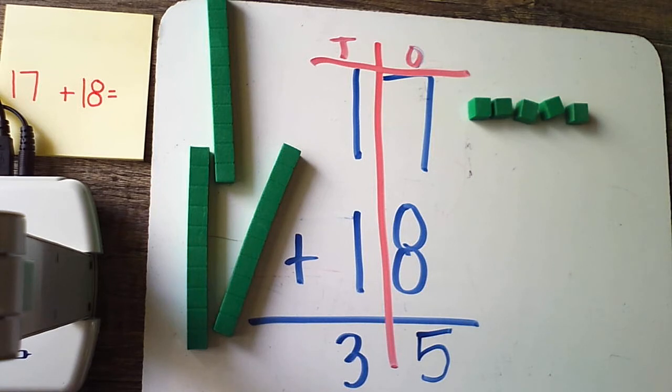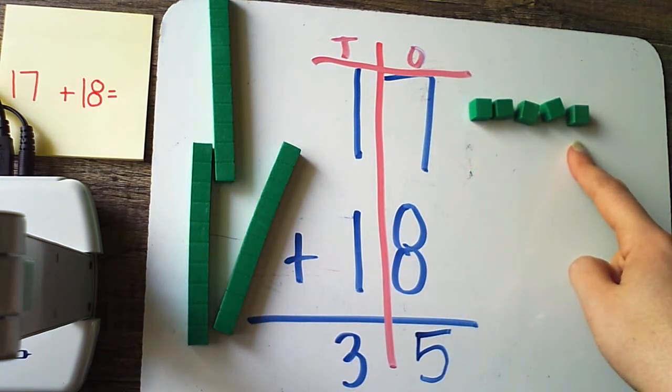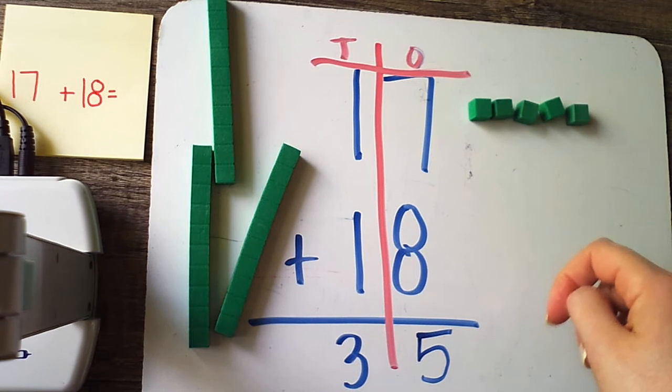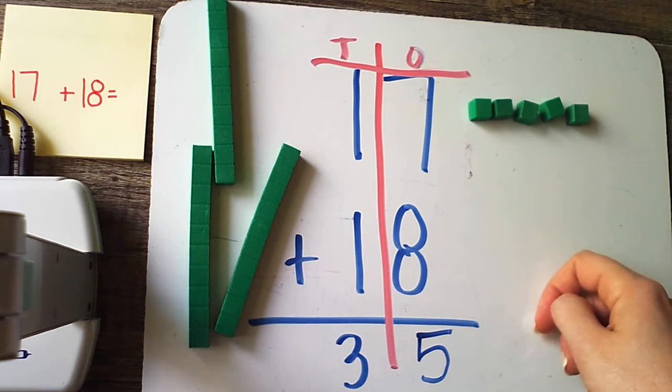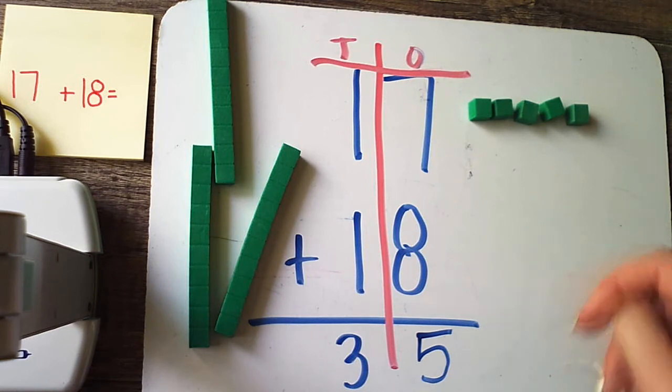That link will walk you through exactly how to use your 10s and your 1s and exactly how to regroup. So if you feel a little bit confused and you're not super confident about this yet, make sure you click on the link immediately below this video, and that will give you some more support.